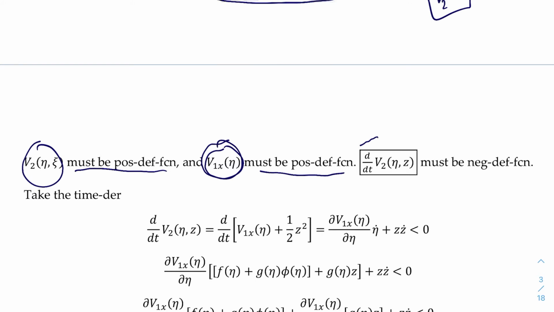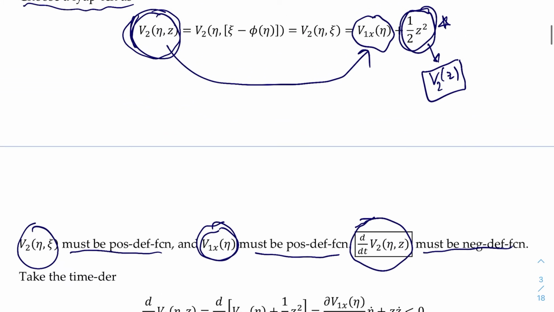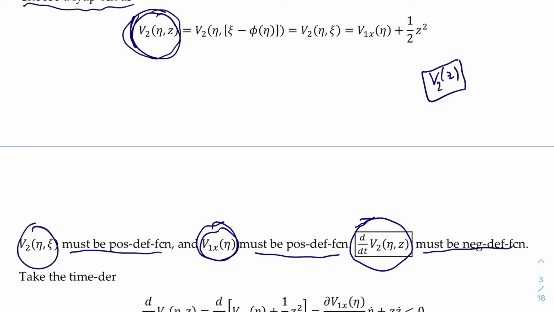This must be positive definite and this must be a negative definite function. You would expect that. Let's make it more annoyingly clear: this must be positive definite and its time derivative must be negative definite.